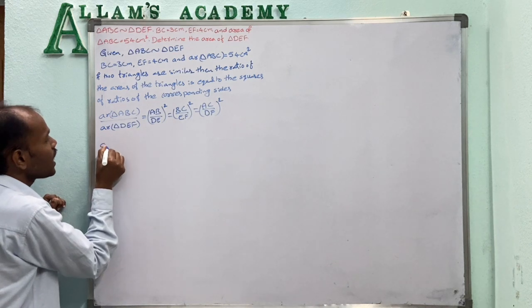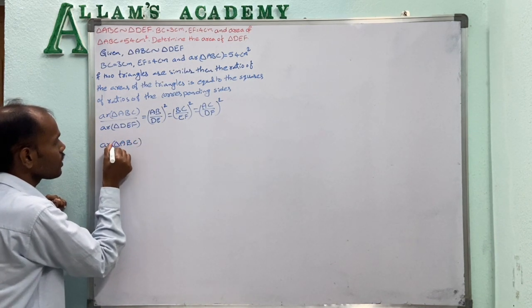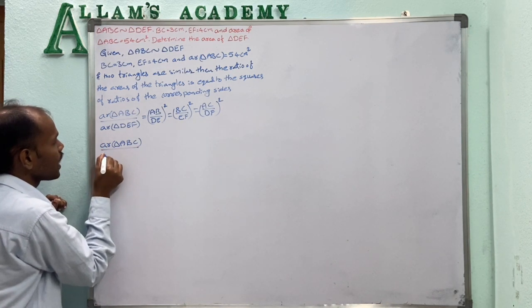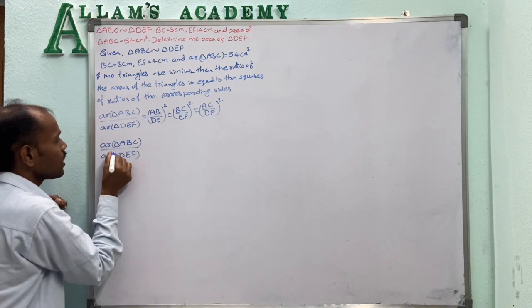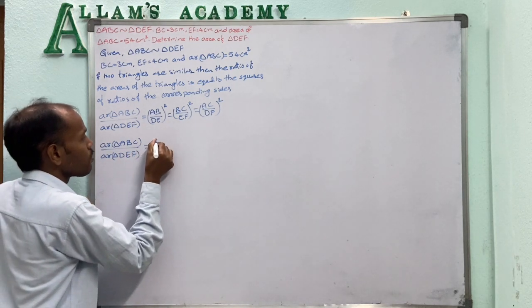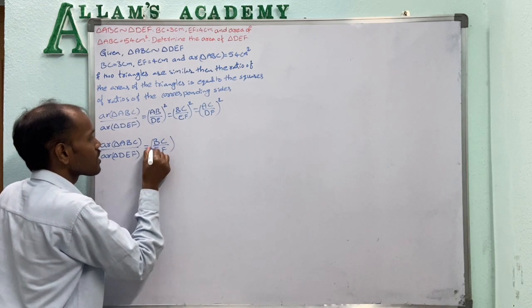So area of triangle ABC by area of triangle DEF equals BC by EF whole square.